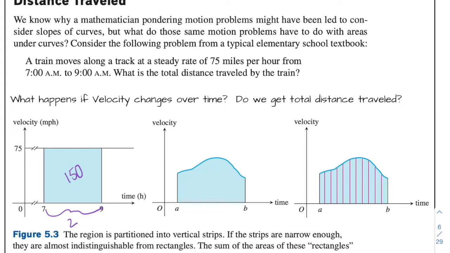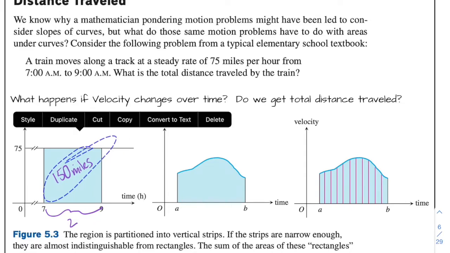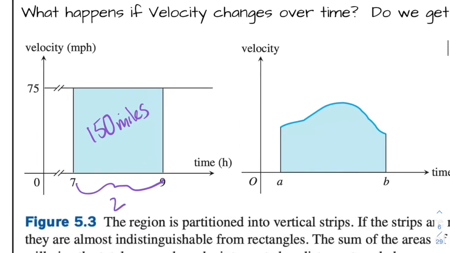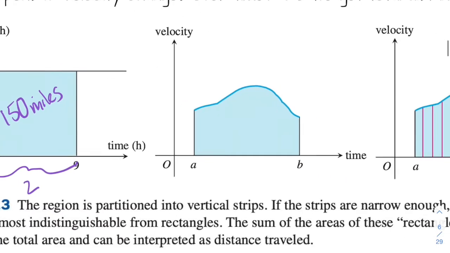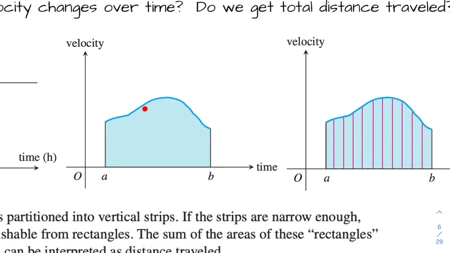Okay, that's super easy to calculate, but isn't this one a little bit more difficult? That train traveled 150 miles, because it's traveling at a rate of 75 miles per hour for 2 hours. That's easy to calculate because everything's perfect. But sometimes they won't be.